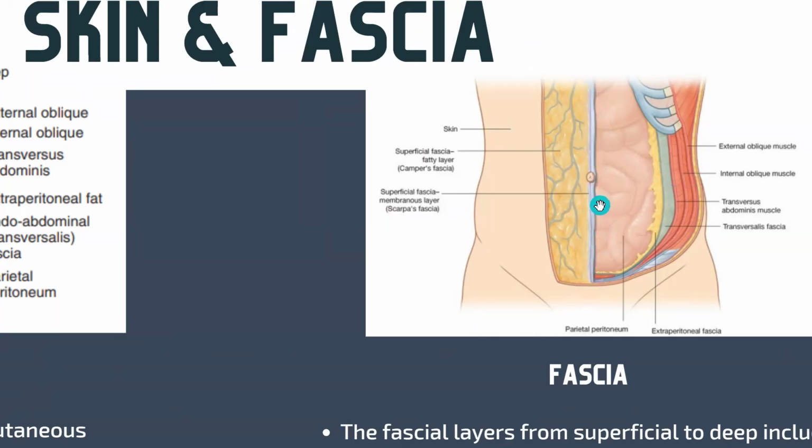And after Scarpa's, there are three layers of muscles: external oblique, internal oblique, transversus abdominis, and we have the transversalis fascia. This one is in green, the transversalis fascia. And below it, we have the extraperitoneal fascia and then the parietal peritoneum.